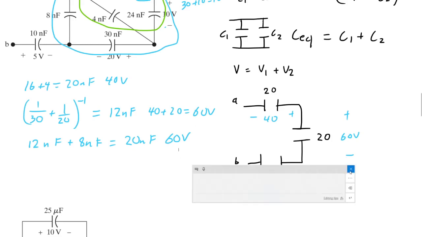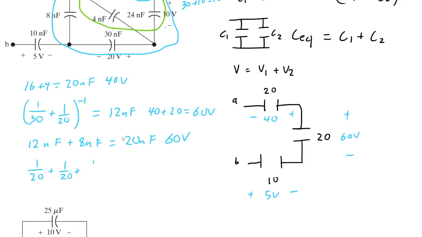We have these all in series, so 1/20 plus 1/20 plus 1/10, inverted, is 5 nanofarad. Now for the voltage, we're going to have minus 40 plus 60 minus 5 equals 15 volts.